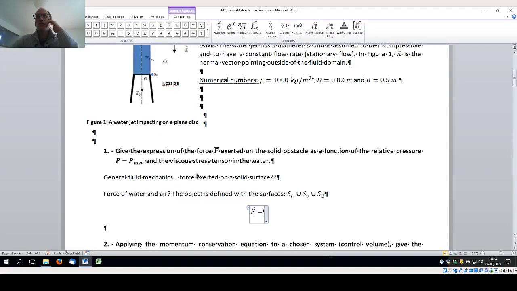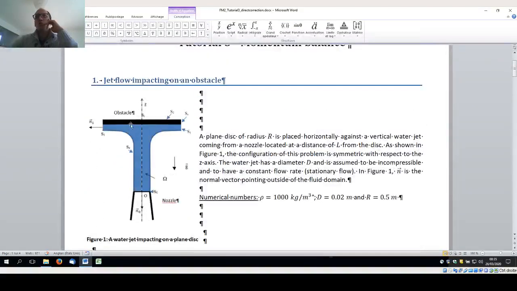This is general fluid mechanics, where you should be aware that the force exerted on an object is always decomposed in two parts. The force exerted by the fluids is always expressed as two parts: a part associated to pressure and a part associated to viscosity.